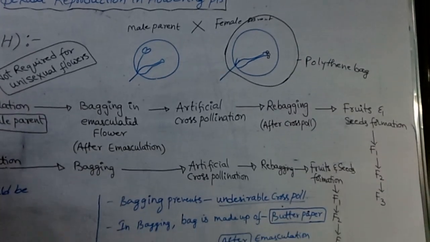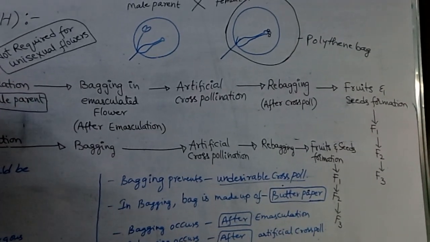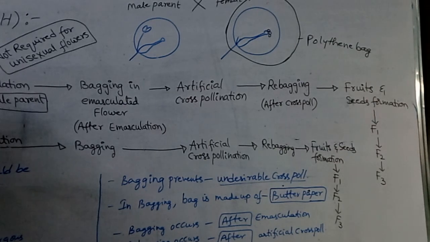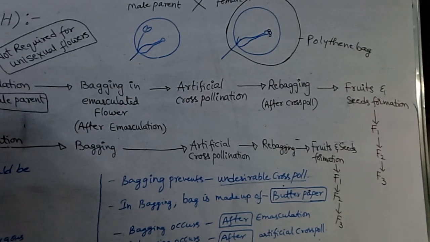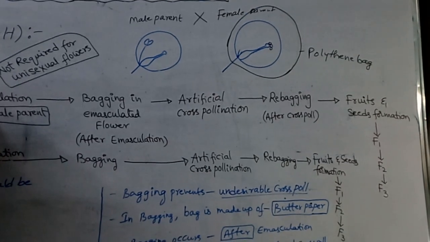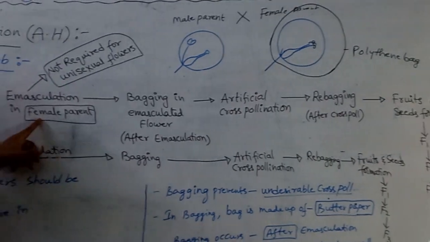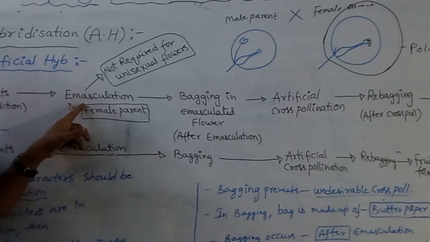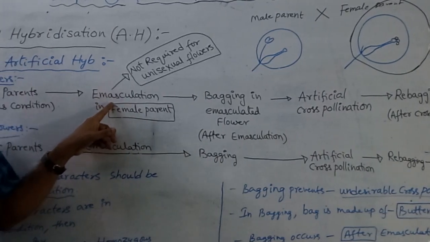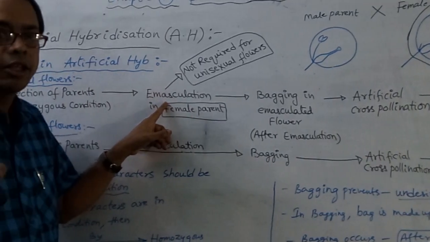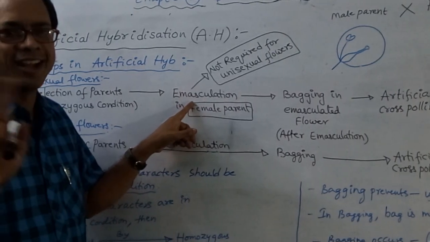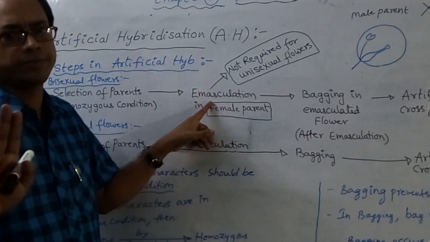Try to remember, my dear students: emasculation is required for either the male parent or the female parent? It should be the female parent, not the male parent. Should emasculation be done in unisexual or bisexual flowers? It should be done in bisexual flowers, not unisexual flowers.